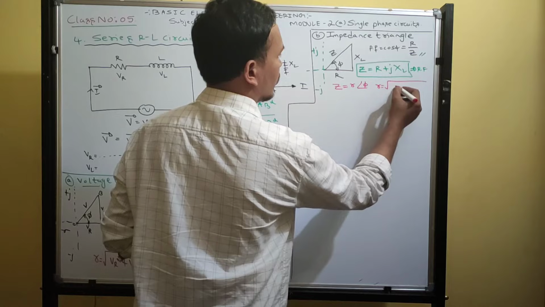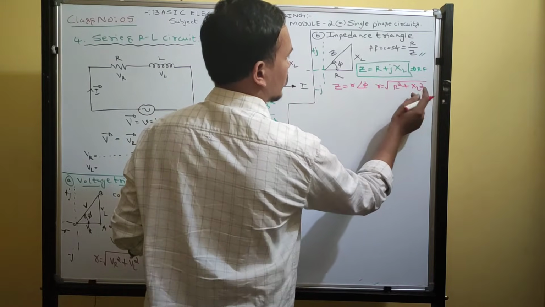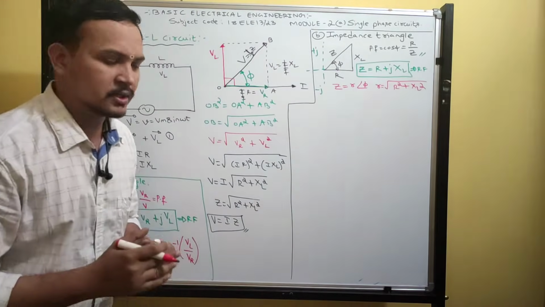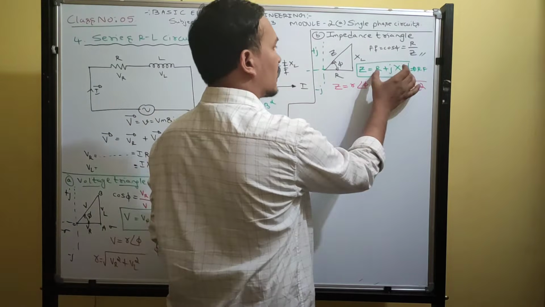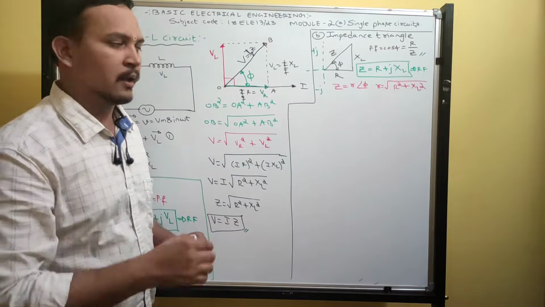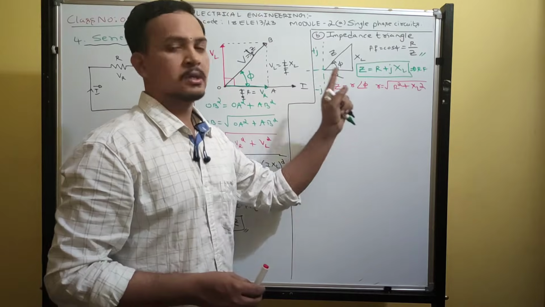Square root of real square plus XL square. So what I said earlier, square root of R square plus XL square is the magnitude of impedance. Once I convert rectangular into polar form, it will have magnitude and angle. The magnitude value is in RMS, and this is the phase angle.